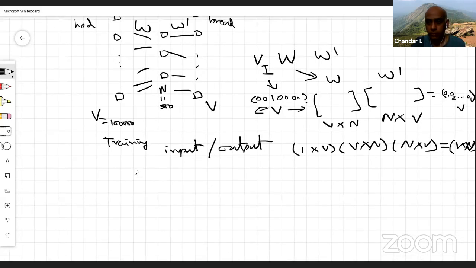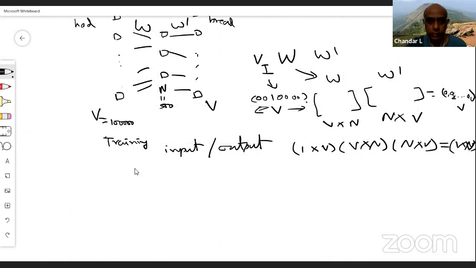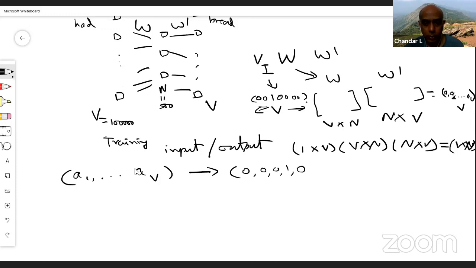So what we finally had is a 1 cross V vector. From here, we need to go to something which has a one at only one of the places, because only then can we make the connection between the input and output.